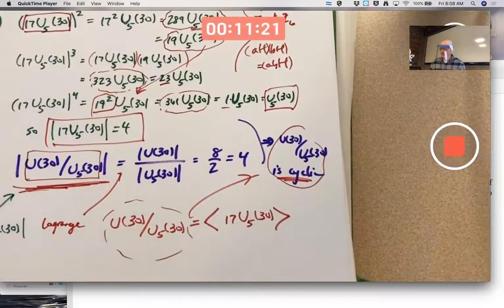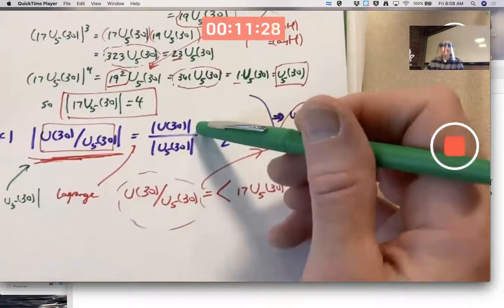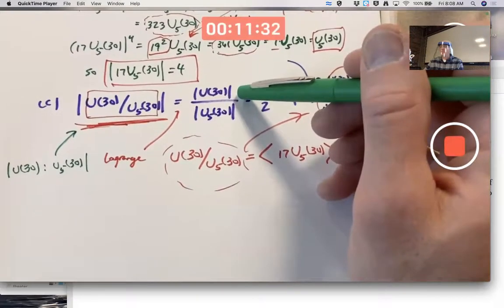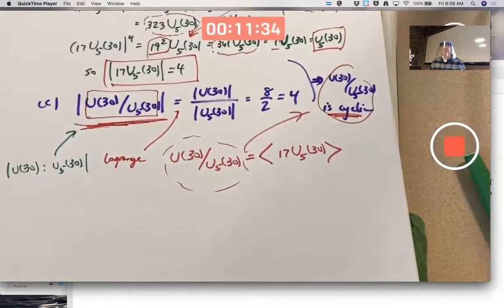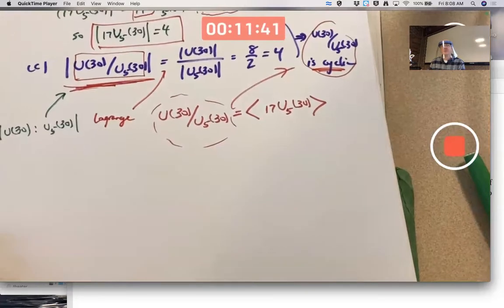Question? Does that work for every factor group where you can divide the orders? Finite ones, at least. Okay. Yep. That doesn't quite work for when you're dealing with infinite groups. The factor group can be finite even if the group itself is infinite.